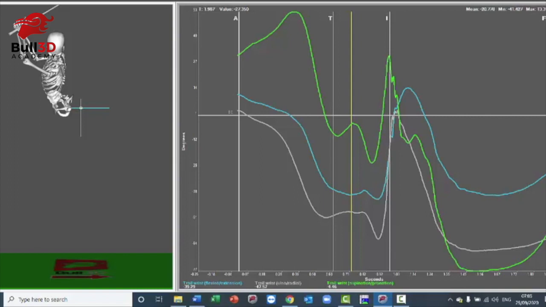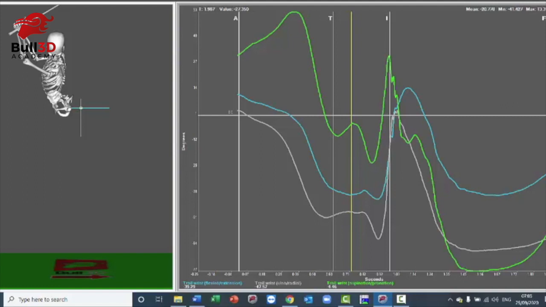The plots in the right hand window are the trail wrist values. So we have the green plot, which represents the forearm supination and pronation. The blue plot represents the wrist flexion and extension, and the silver plot represents the trail wrist ulnar and radial deviation. This is where historical evidence and case study history becomes of such value and relevance.